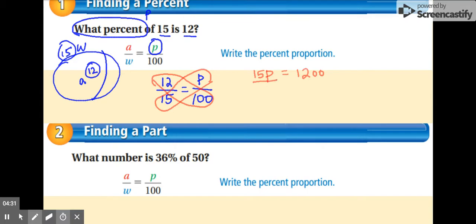So now, divide by 15, this is a one-step equation. So P is equal to, let's divide it. How many 15s go into 120? 8. So the percent is 80. So 12 is 80% of 15.